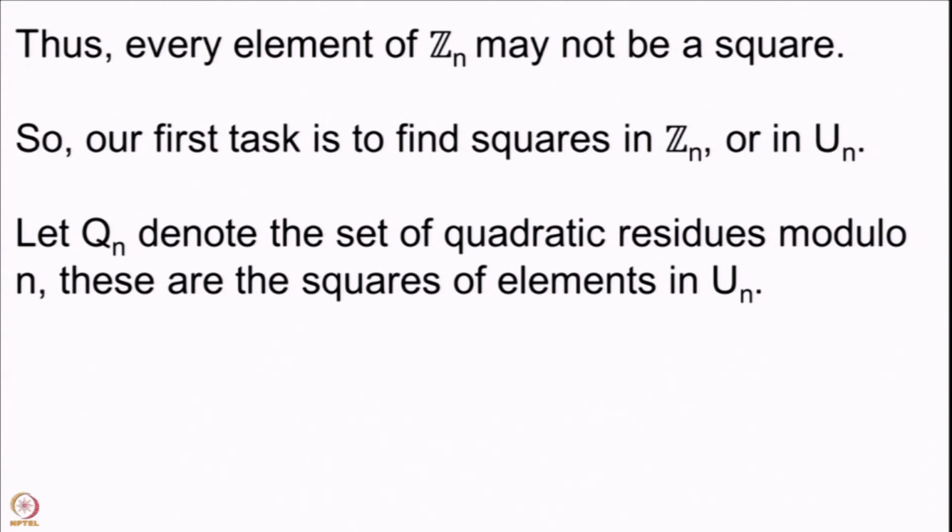We would like to compute these Qn, see whether there are methods for computing the elements which are squares in Un. Of course, our experience tells us that you should look at Up first or Up^e first, perhaps deal with the case U2^e separately, and then you try to get the hang of the set Qn in general.